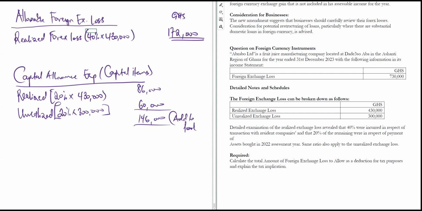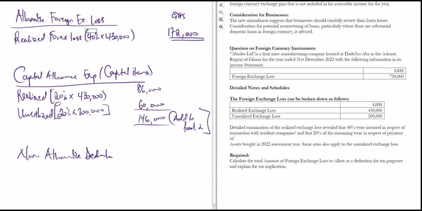So if the asset is in pool 2, let's say it was a vehicle, we just add it to pool 2. Do you get it? The remainder, if we subtract the whole thing, is the non-allowable deduction.